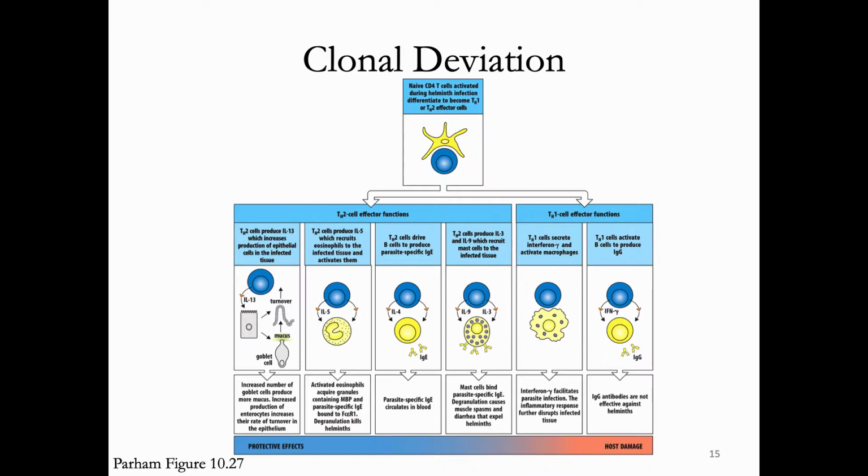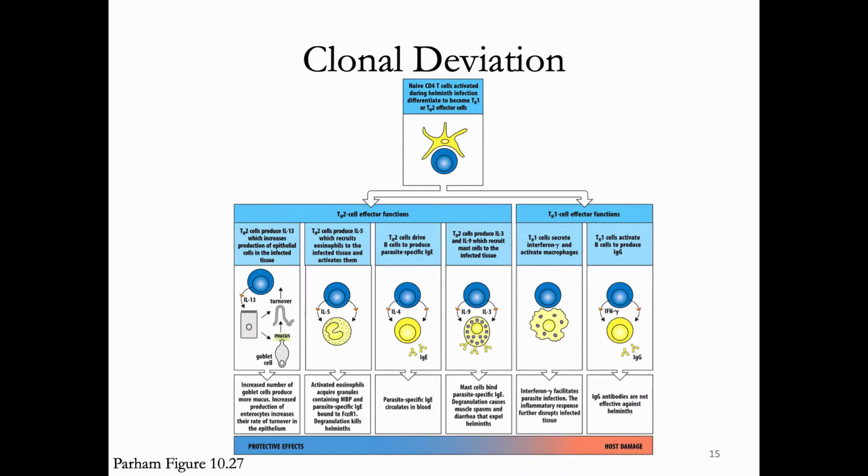So here we can see that if there was a Th2 response, we can have a number of different effects happen, all of which are protective when we get that helminth infection. But if we have a Th2 response or Th1 response occur to that same pathogen, instead we're going to have a damaging response to the host.